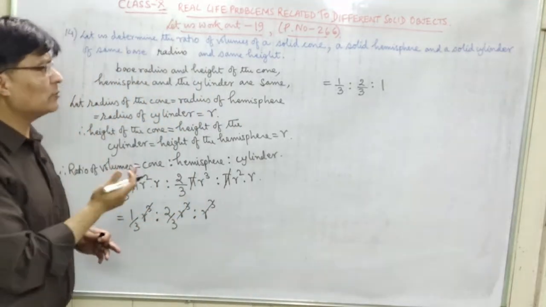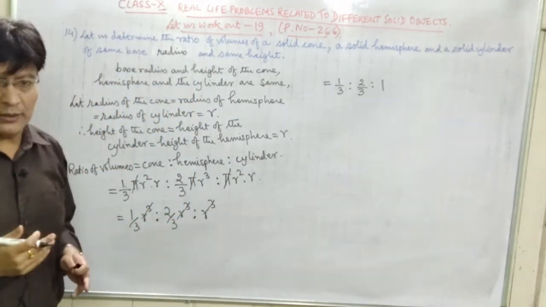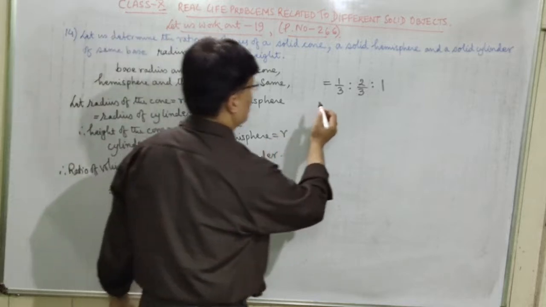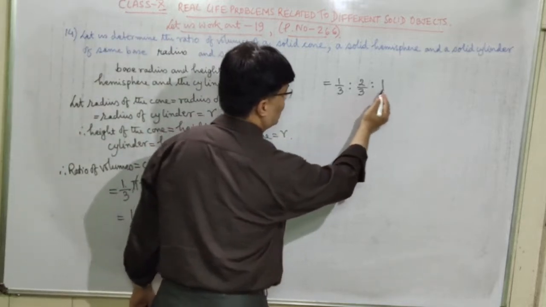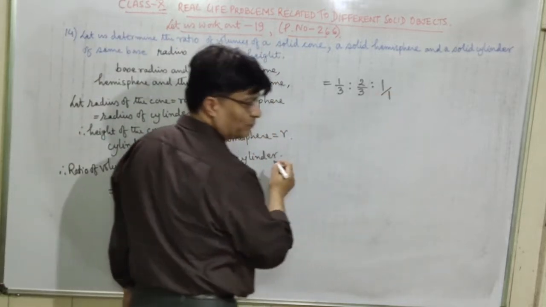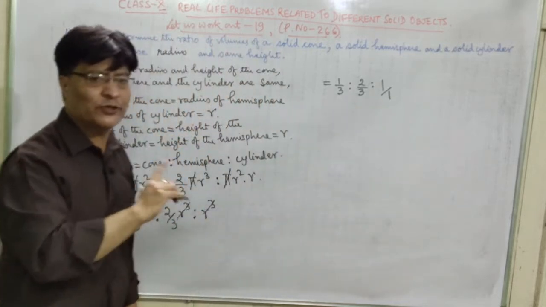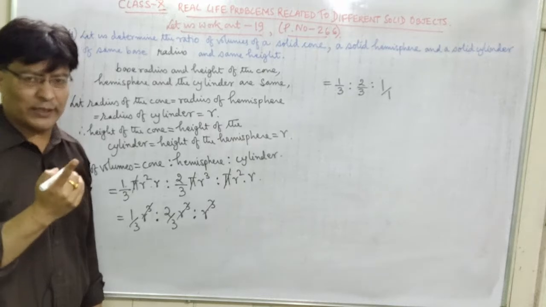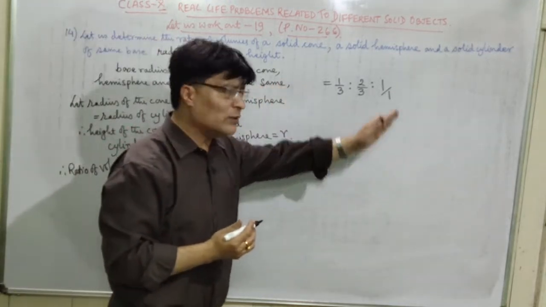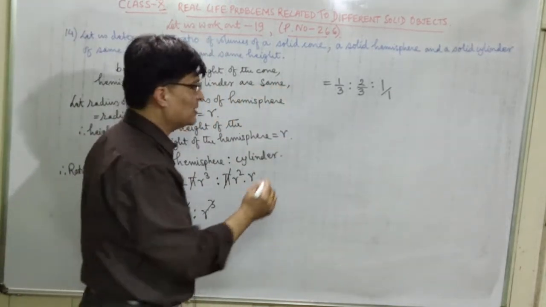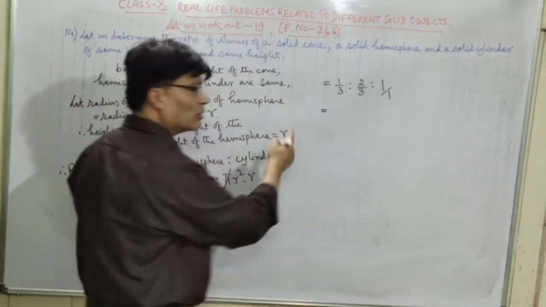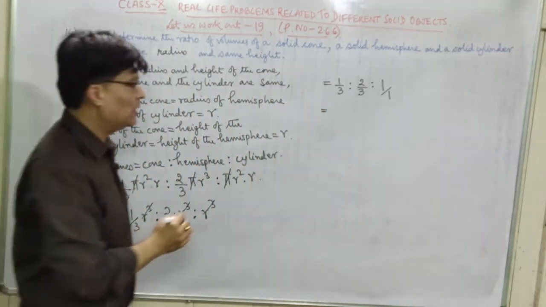But you have to write down the ratio in terms of whole number. So in the denominator there is 3, 3, 3 and below 1 there is 1. So let us take the LCM of 3, 3, 1. What is the LCM? That is 3. So you have to multiply all these fractions by that LCM 3 in order to convert them into whole number, right?